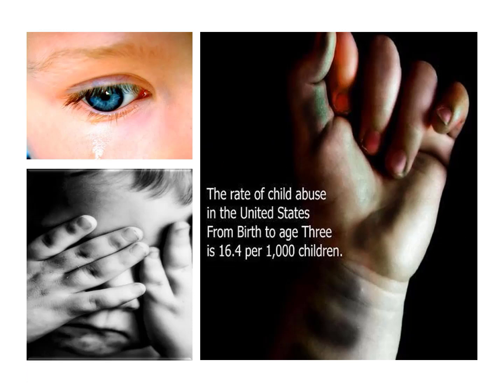The rate of child abuse in the United States from birth to age 3 is usually about 16.4 children per 1,000 children. Why do we say birth to age 3? Child abuse usually happens to the younger child because they cannot talk or tell on the abuser.